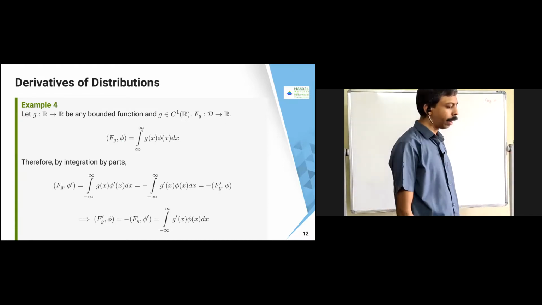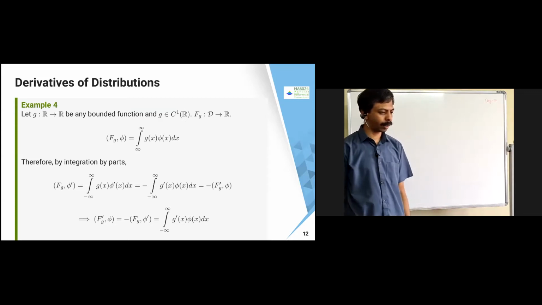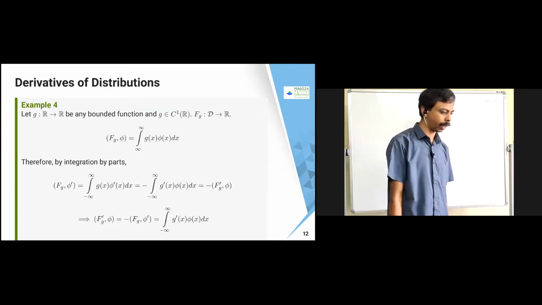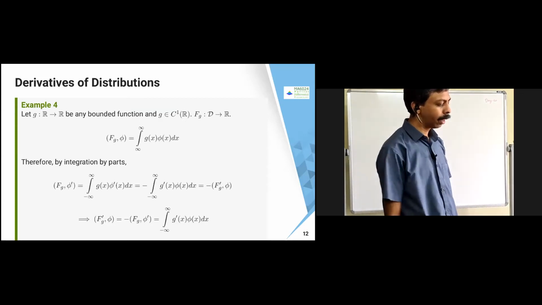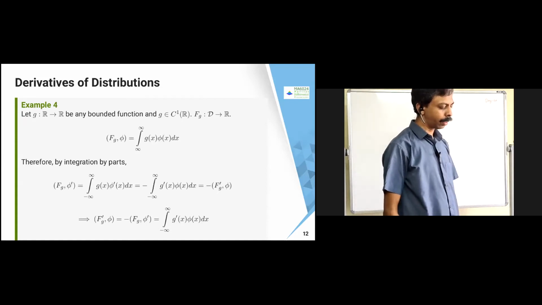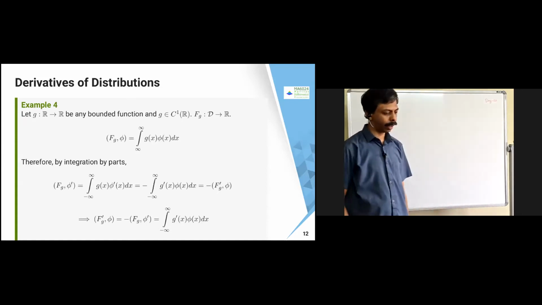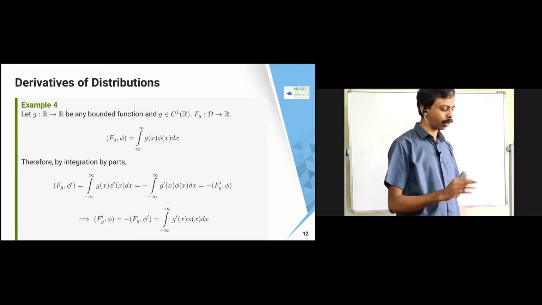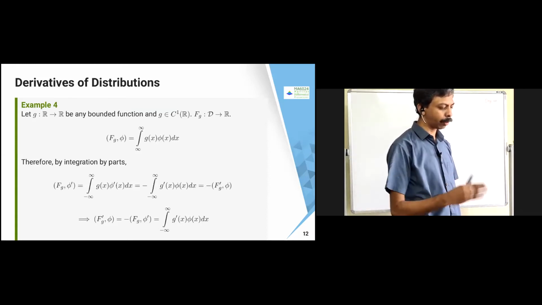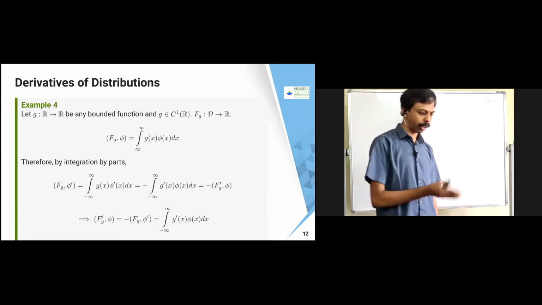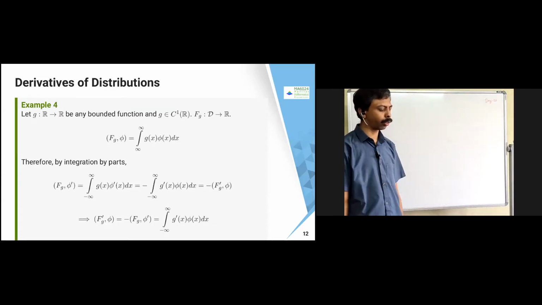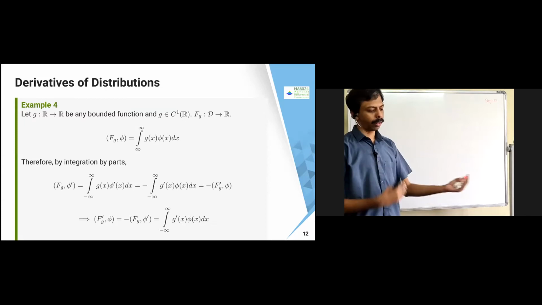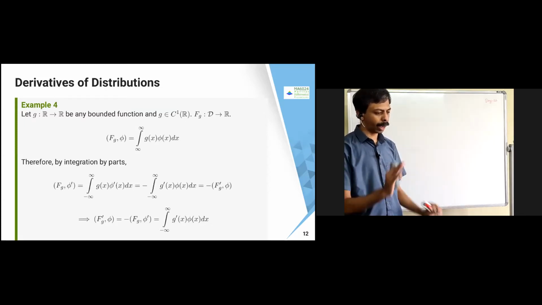So for example, f_g comma phi is nothing but g of x into phi of x. If I define f_g comma phi dash, that is g of x into phi dash of x. If I apply the integration by parts rule, what do you get? On the compact support you get 0, because phi of x becomes 0 outside the compact support. So the boundary term, the uv term, is going to vanish.